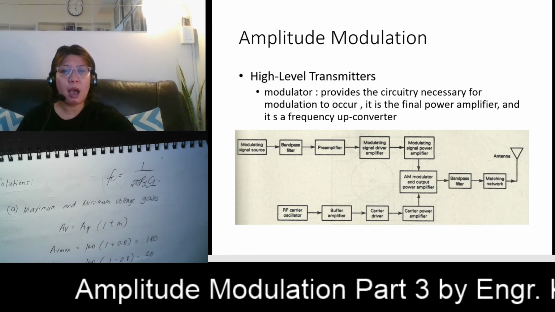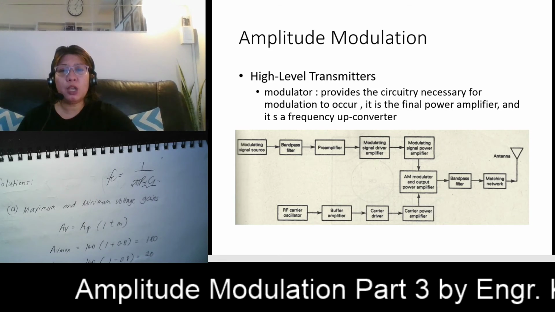As you can see, after the modulation process here, there is no more amplifier following that stage. All of the amplification is now being done at the modulator circuit. So no output amplifiers here, as compared with low-level transmitters.